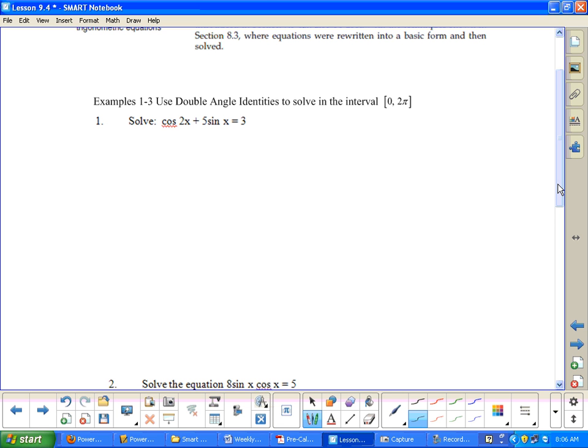We have cosine of 2x plus 5 sine of x equals 3. So here we have an equation with cosine and sine. The cosine of 2x equals, we have 3 different identities.